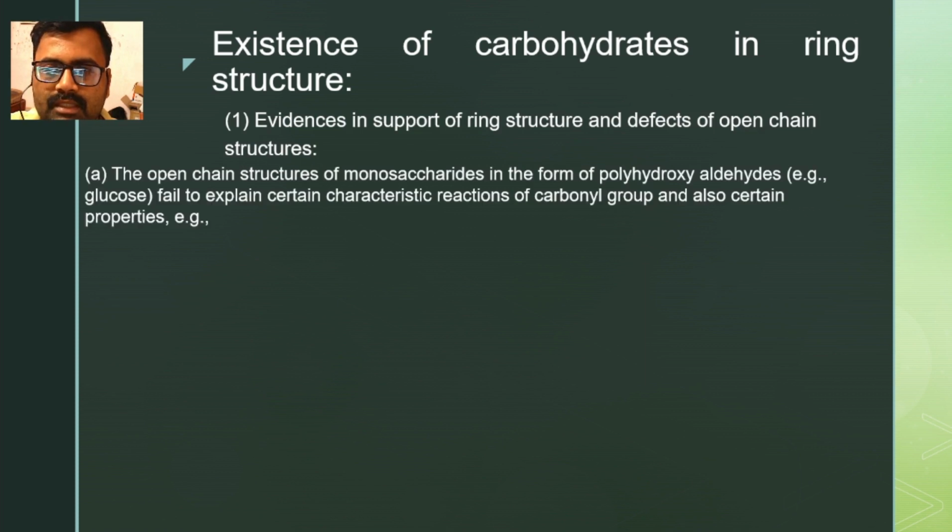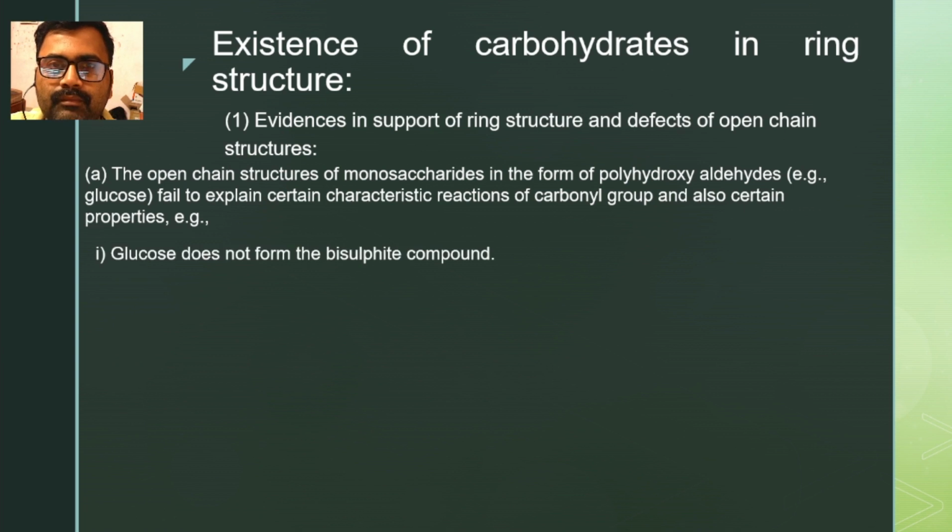The open chain structure of monosaccharide in the form of polyhydroxy aldehyde, for example glucose, fails to explain certain characteristic reactions of the carbonyl group of aldehyde and certain other properties also. For example, glucose does not form the bisulfite compound.